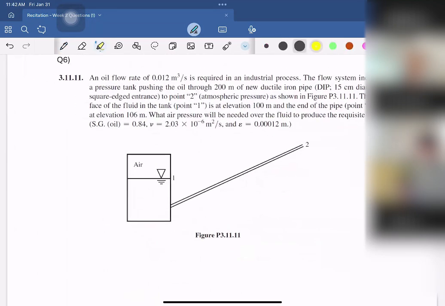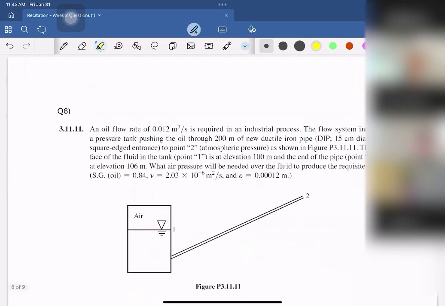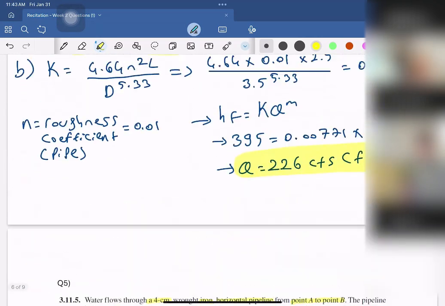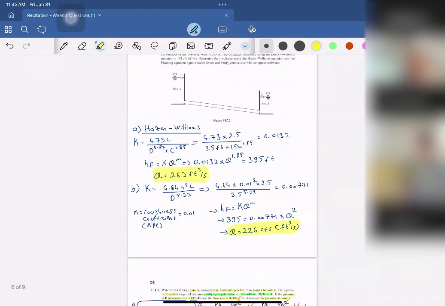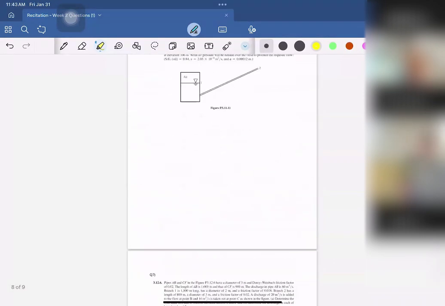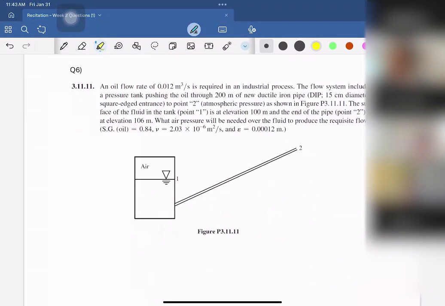Okay, here it is also similar to question 4. Yes. But this time we have open atmosphere at point 2. And another difference is we have oil flowing.